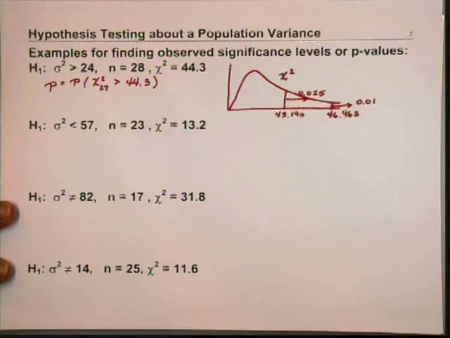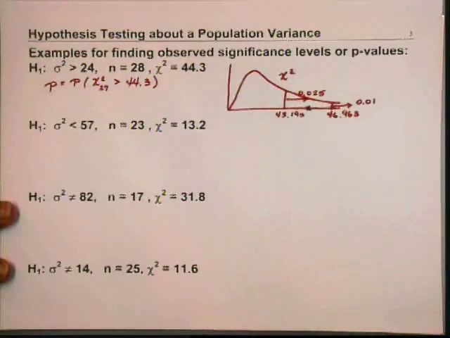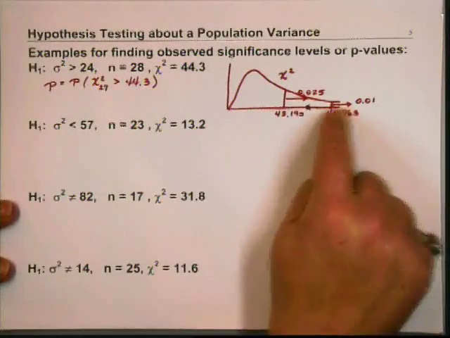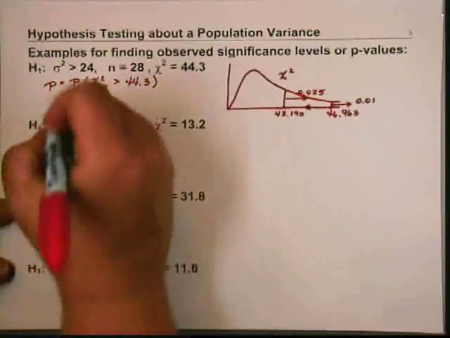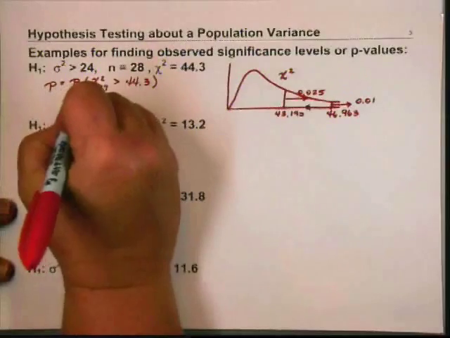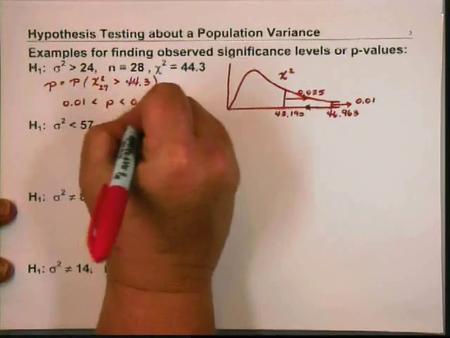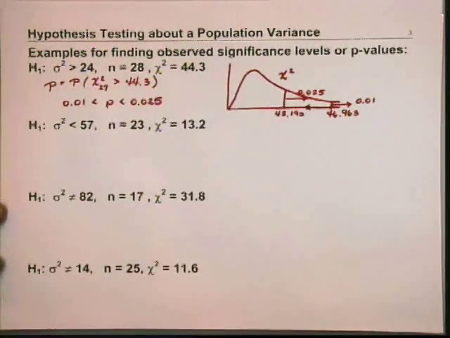Our calculated value is in between here. So we know that this probability is bigger than 0.01 but smaller than 0.025. Agreed? Which is the same p-values we reported in the previous problem.